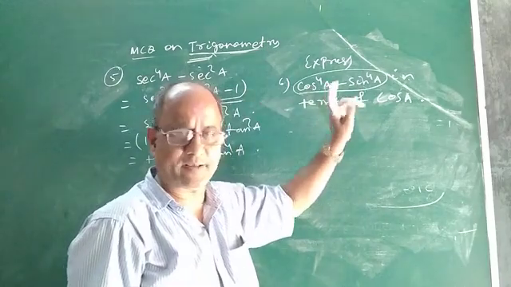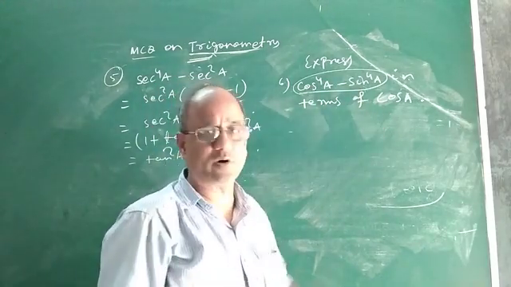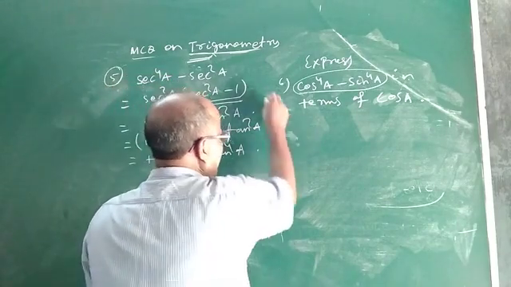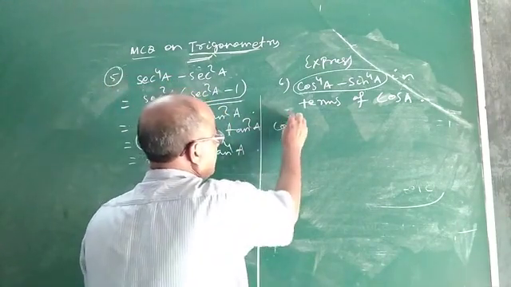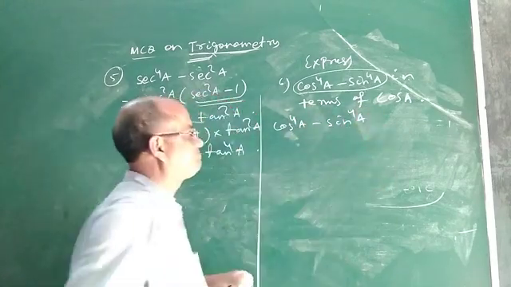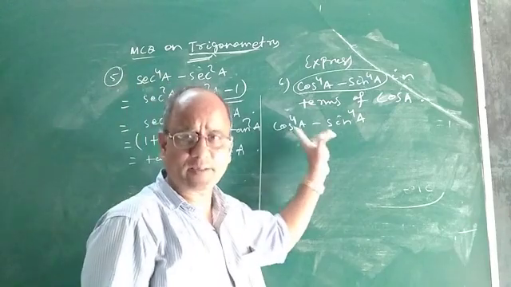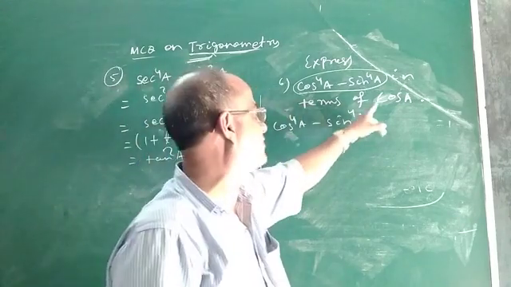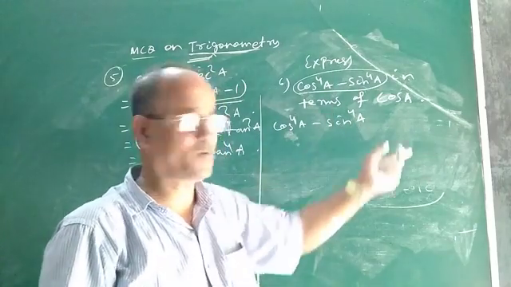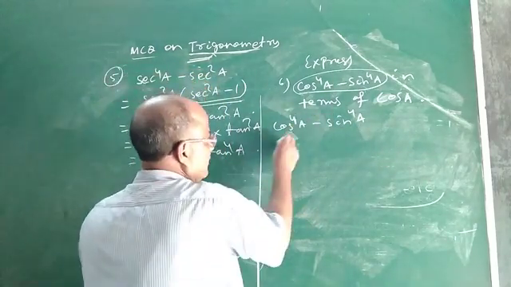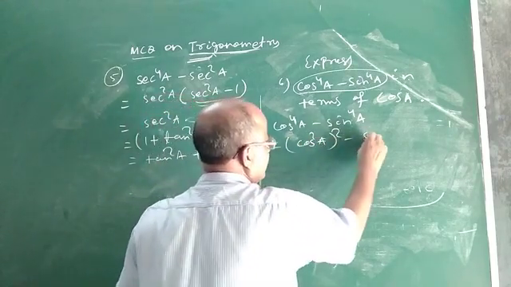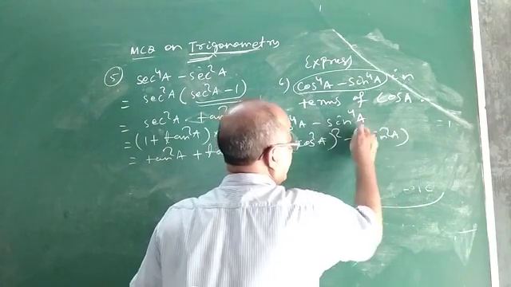Suppose you want to express this expression in terms of cos A. What will be the expression? How to find out? Let us see. Now this can be done like this. Suppose cos^4 A minus sin^4 A. As we want to express this only in terms of cos, the sin must be expressed in terms of cos. First, this is (cos^2 A)^2 minus (sin^2 A)^2.